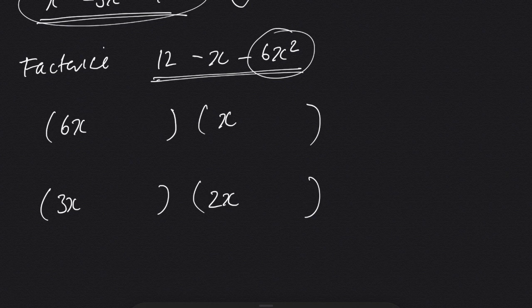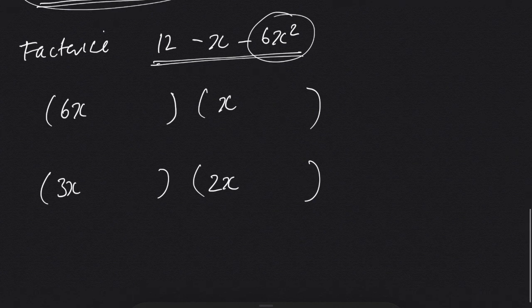And we don't know whether it's going to be positive or negative. Second, we can note that the sum of the x terms must equal 1 because we want to get back to this x. Okay, and the numbers could be either 12 and 1, or 3 and 4, because we want to get to 12 here as well.